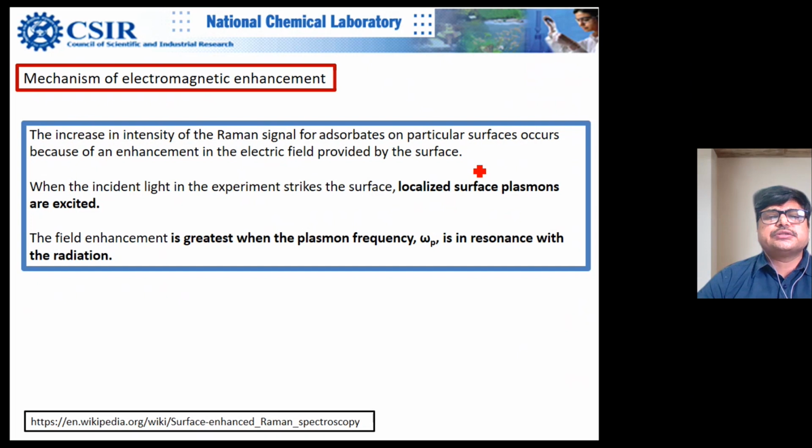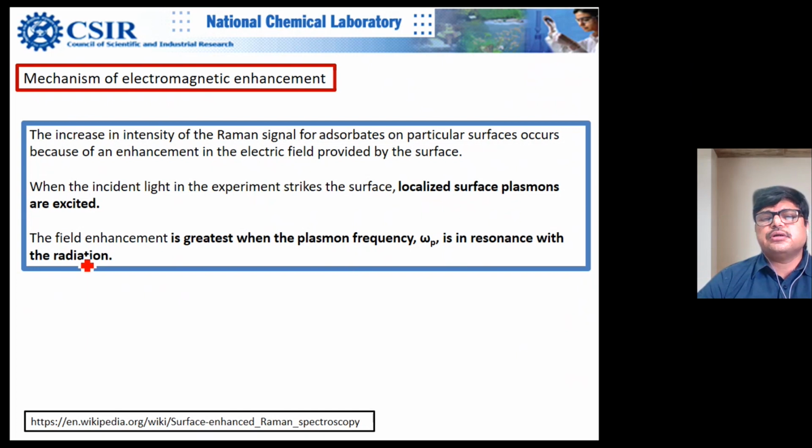But in electromagnetic enhancement, you need to have a lot more, but there are rewards for this technique, because the enhancement is much higher. Here you have to excite surface plasmons, so you need to take rough surfaces. Enhancement is greatest when the plasmon resonance frequency is resonating with the radiation, but it does not mean that for other laser excitations there won't be much signal.